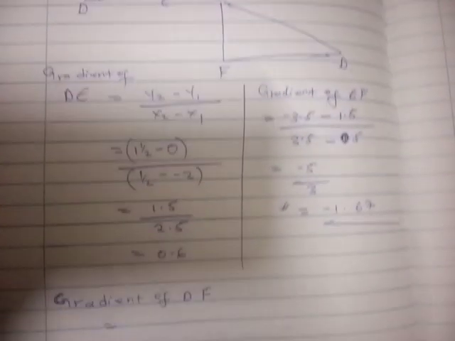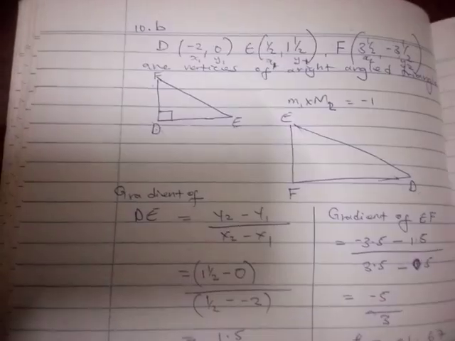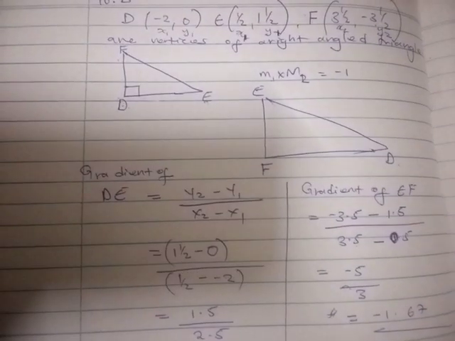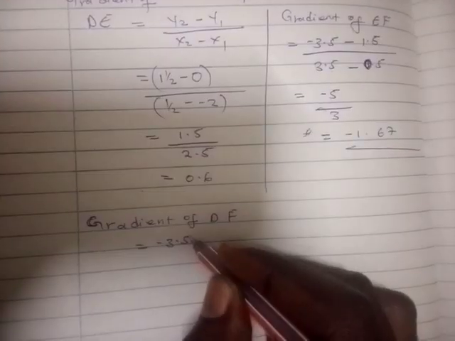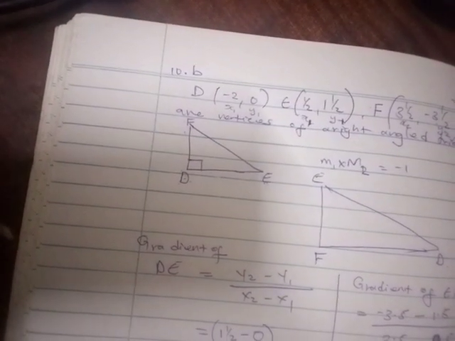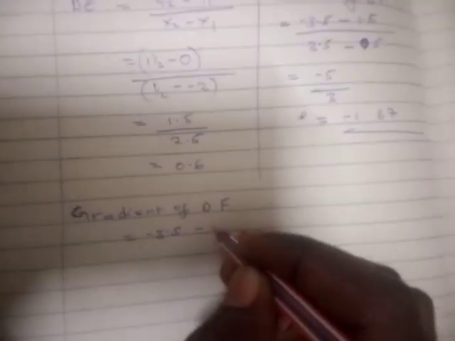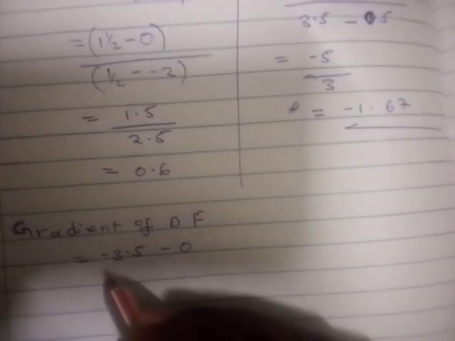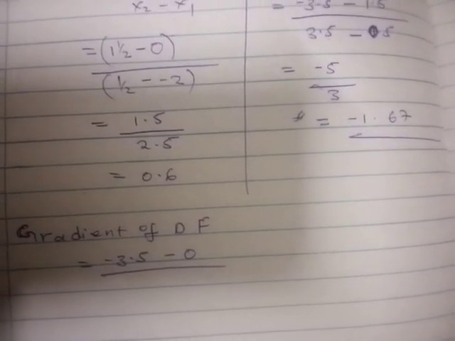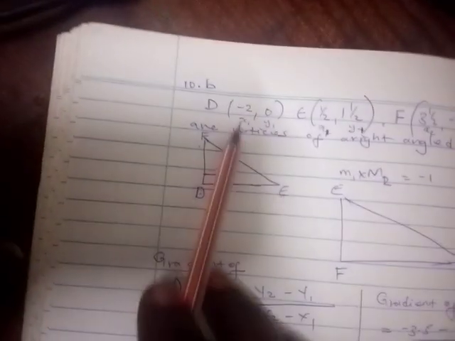So when I substitute in here, where is y2? It is there. So this is minus 3.5, then minus y1, which is 0. I put 0 here. Then out of, you see, out of what?